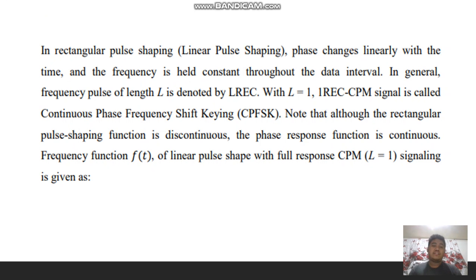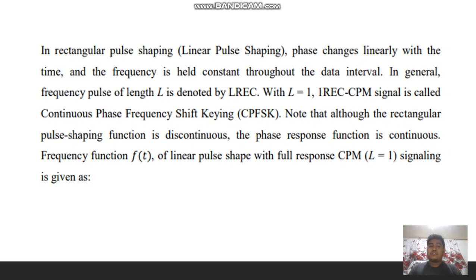So in rectangular pulse shaping, linear pulse shaping, phase changes linearly with time and frequency is held constant throughout the data interval. In general, a frequency pulse of length L is denoted by LREC, with L equals 1. A 1REC CPM signal is called continuous phase frequency shift keying, or CPFSK.